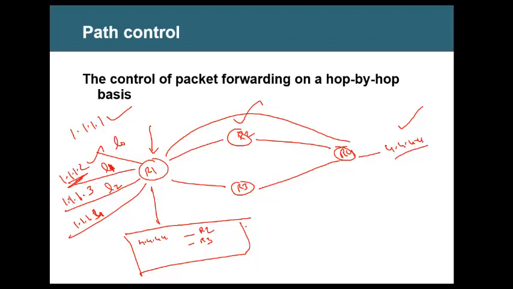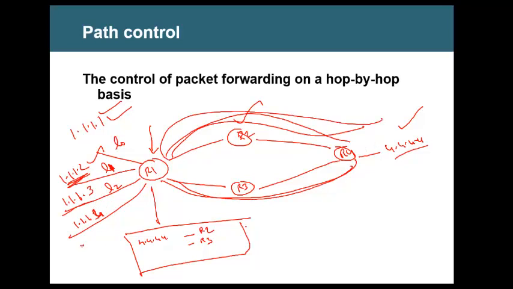That time I saw the packet going this way. Again, when I use the first one, it is going still via the same router 2. When I use the second one, it goes via router 3. When I use the third one, I saw it is going via router 2. And when I ping with the source of 1.1.1.4, I saw it was going via router 3.